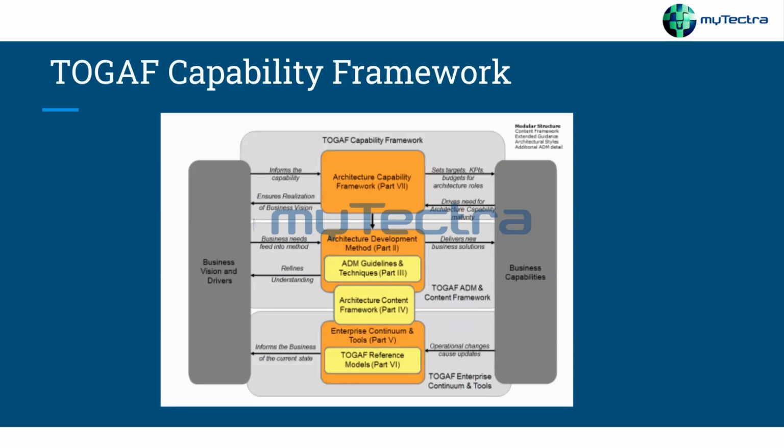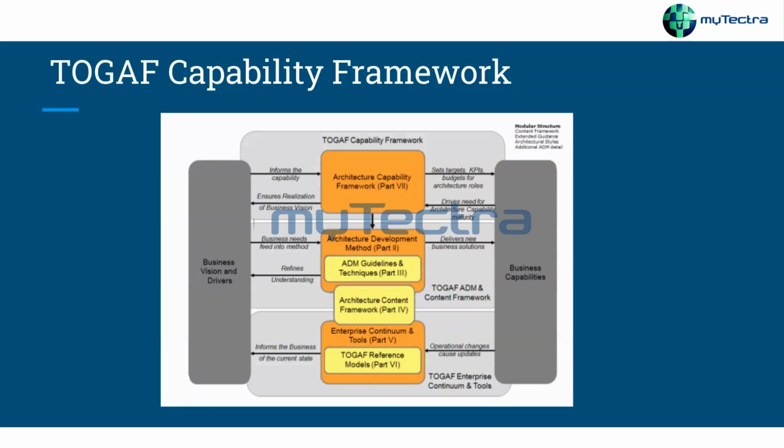If you see the image, TOGAF is driven by business vision and drivers only. The proposed architecture should be based on this business vision, strategy, and goals, and it should not be something coming out of the way.